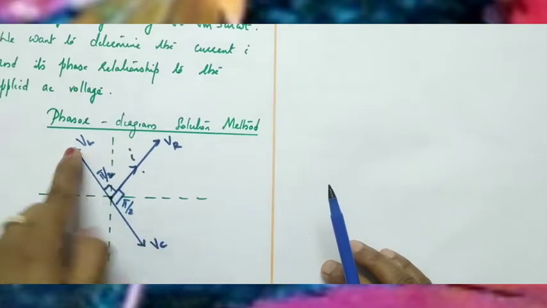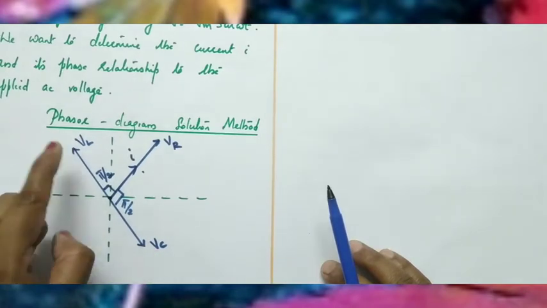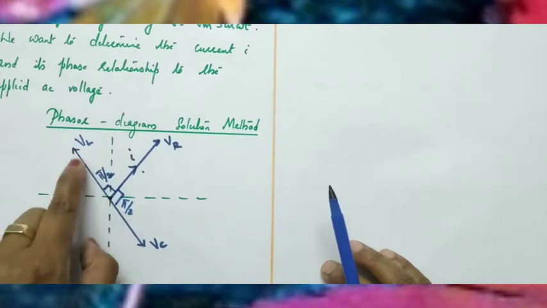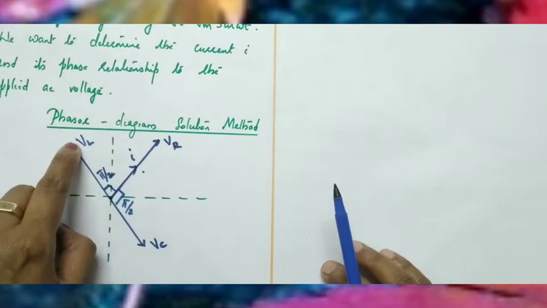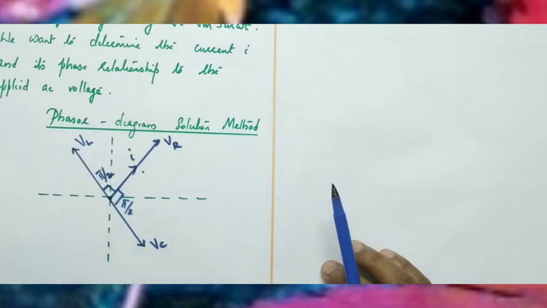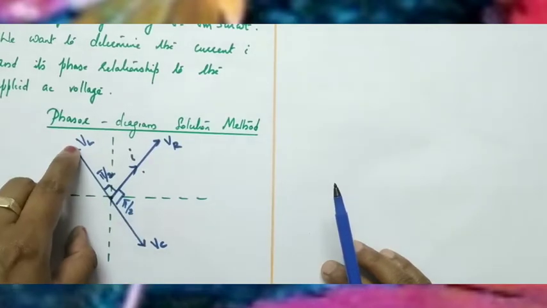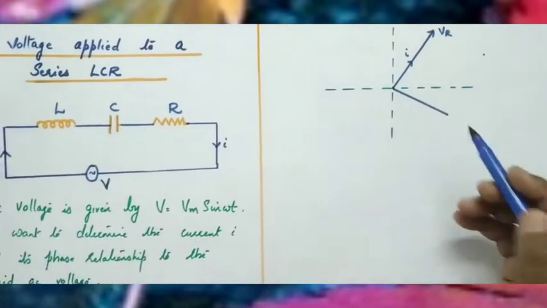So we can rotate VL and take it in the same direction as VC. Actually VL and VC are in opposite directions. So if VC is positive, VL is negative. If minus VL is taken in the same direction as VC, it becomes VC plus VL. So VC and VL are in opposite directions, and if this opposite direction vector is taken in the same direction as VC, it becomes VC plus VL.